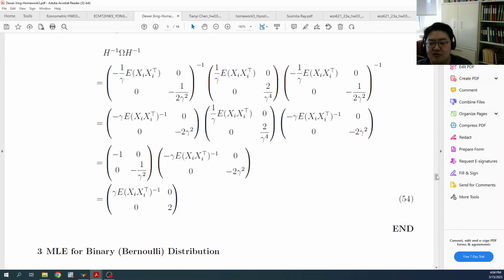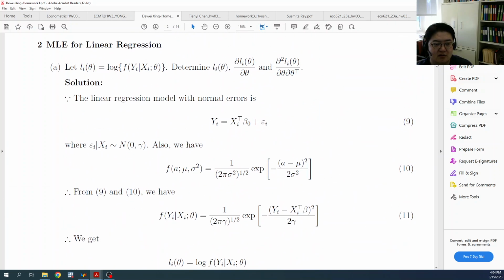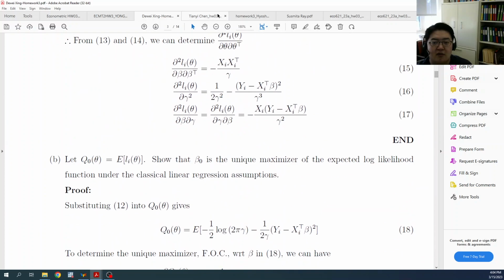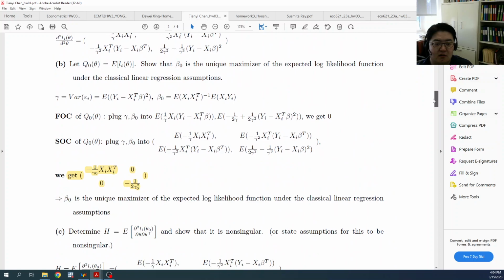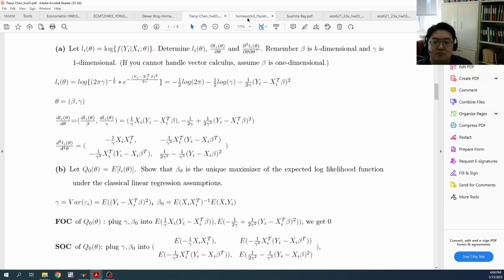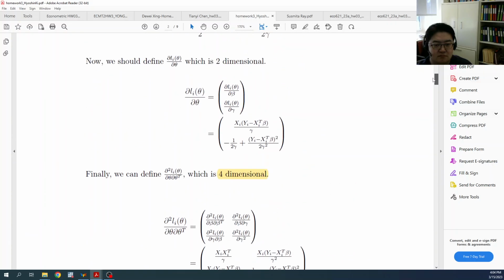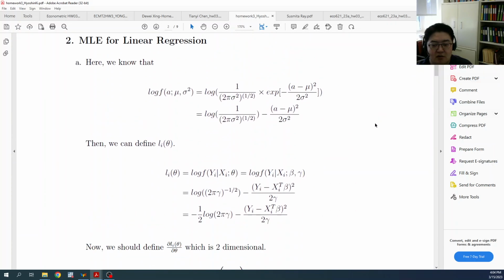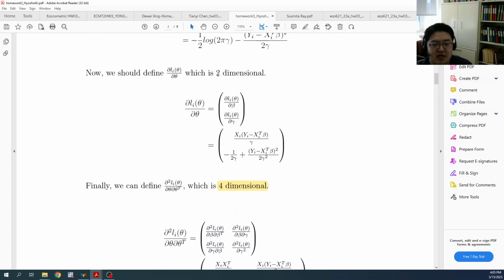Let me see if there is anything I wanted to say about this. So here in this answer, she said two-dimensional. That means she already assumes beta is one-dimensional.